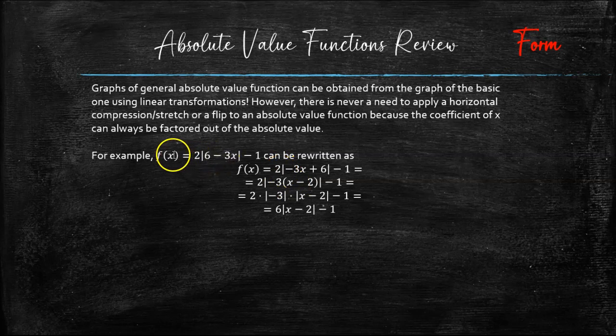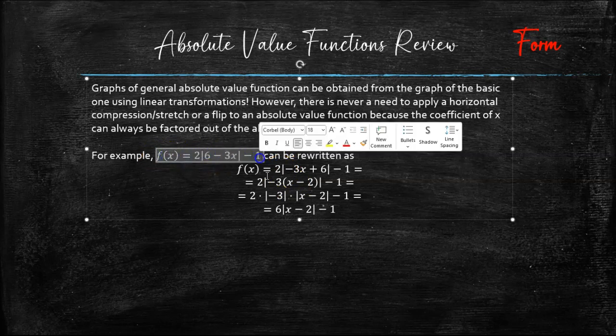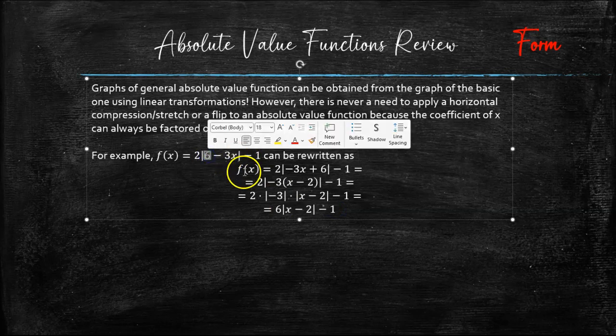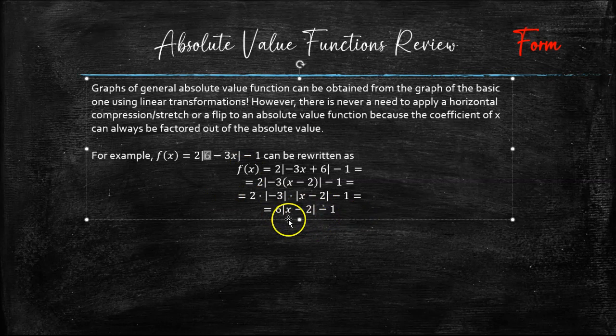So you can simplify this absolute value function to look like this, and as you can tell, there is no need to interpret what's inside of the absolute value using linear transformations. You can just do the translations and vertical stretch.